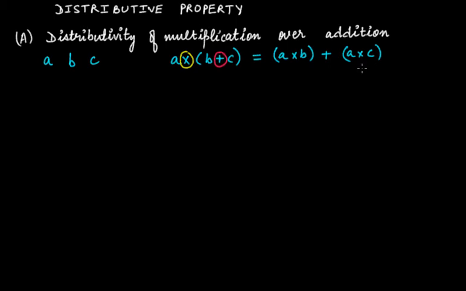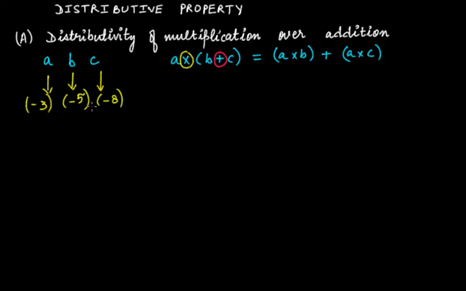over addition. So let's assign some values to a, b, and c. Let's say a is minus 3, b is say minus 5, and c is say minus 8.